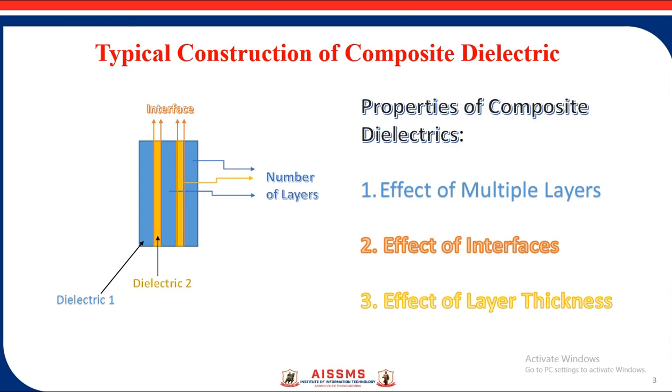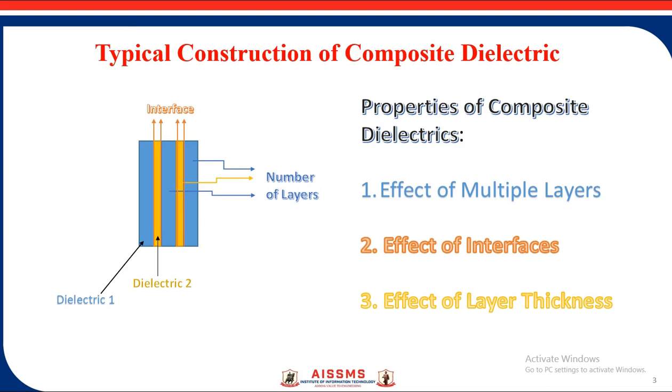Now let us see the properties of composite dielectric. The properties of composite dielectric are affected by the multiple layers, the number of interfaces, the number of layers and the thicknesses. First, the effect of multiple layers.